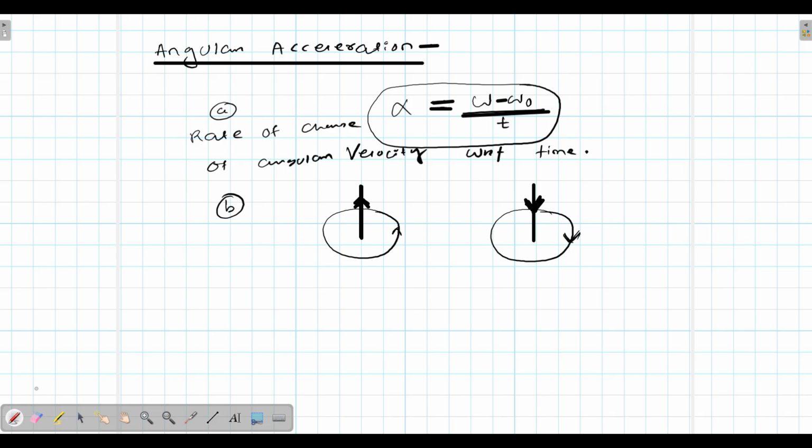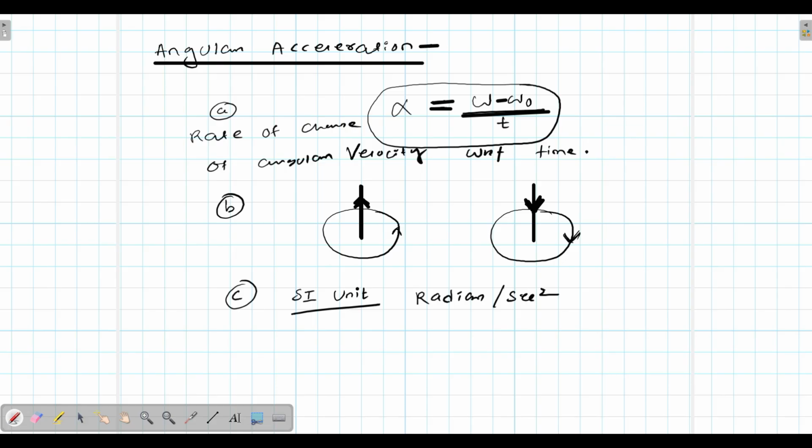SI unit is radian per second square. That is angular acceleration.